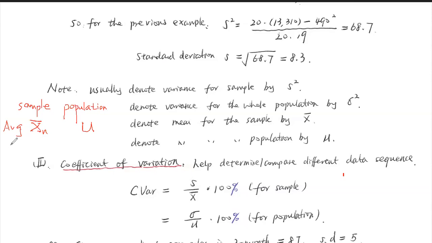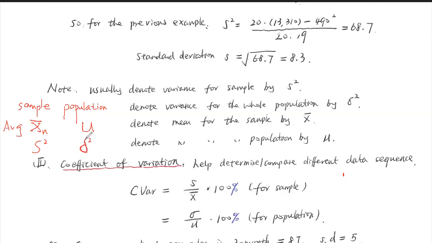The other thing is the variance, which we call S square. So for variance or standard deviation, the sample variance has the notation S square. You saw that previously. Now for the population, we have a special notation, sigma square.